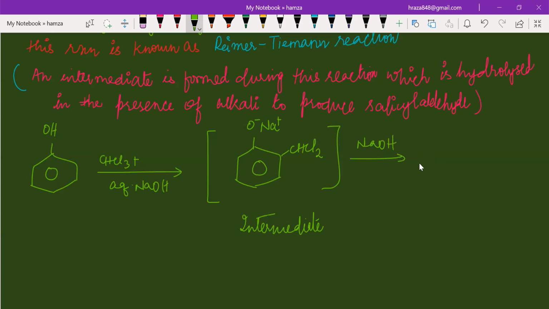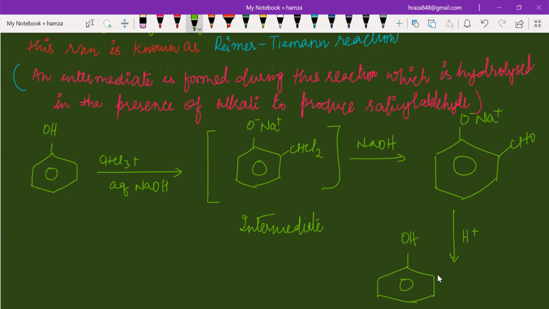Then we will get this CHO introduced at ortho, and there is basically O minus Na plus, and after this we are going to pass it through acid, and then we will get salicylaldehyde. This is your salicylaldehyde.